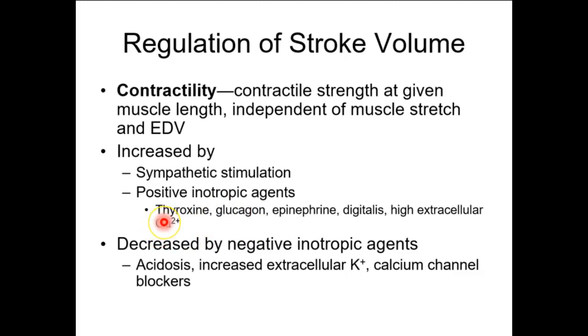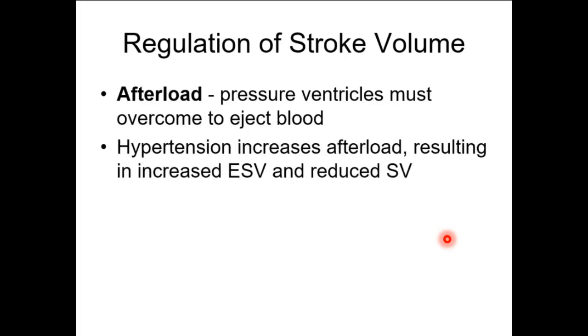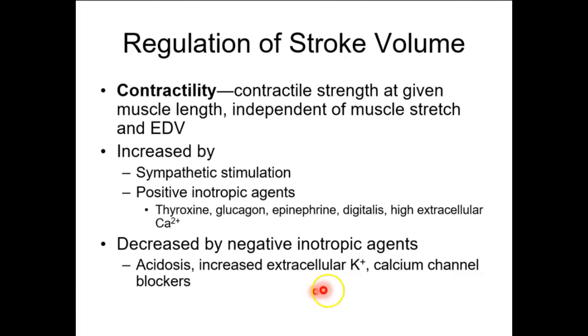Hold on just a second. I would cross out high extracellular calcium on this one, and we'll tell you why in a second. There's a slide coming up that's a little bit wrong, and there's a reason it's wrong. I'll get to it when I get to it. Too much potassium and acidosis would decrease contractility.